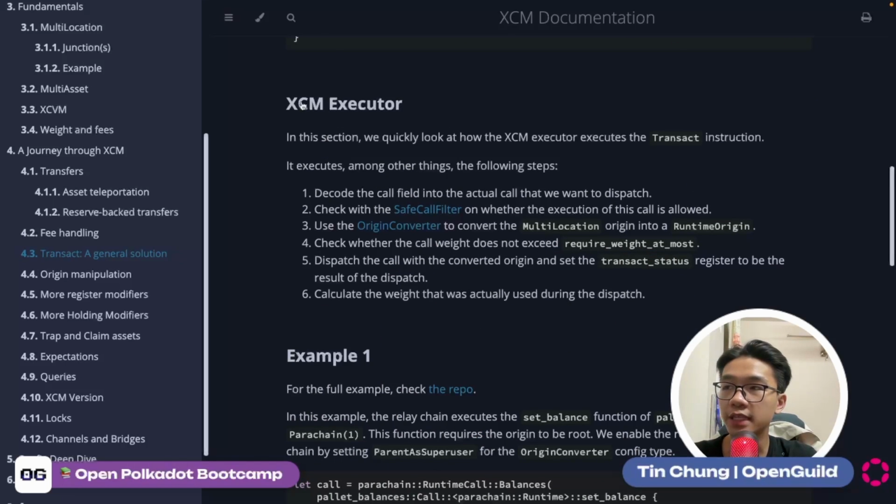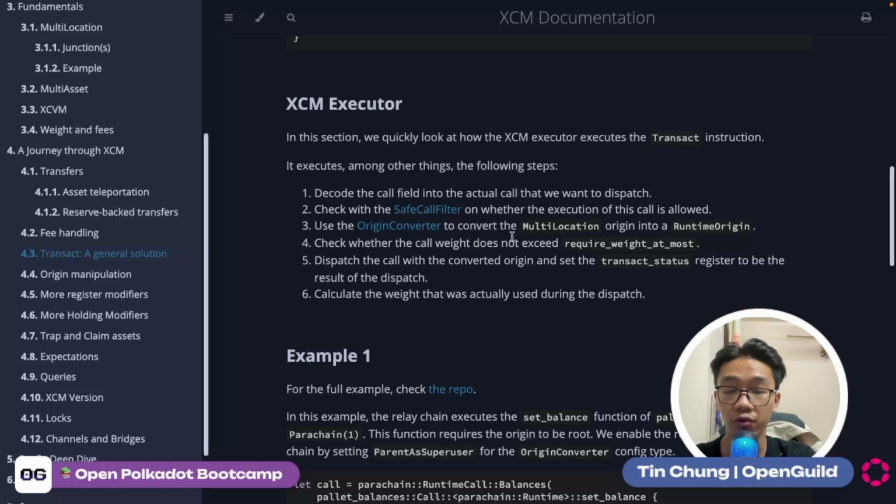The flow of the XCM executor to process this Transact is: decode the call field into the actual call that we want to dispatch. Check with the safe call filter to see if that call can be dispatched on the chain, that is, whether the execution of this call is allowed. Use the origin converter to convert the MultiLocation to the runtime origin.